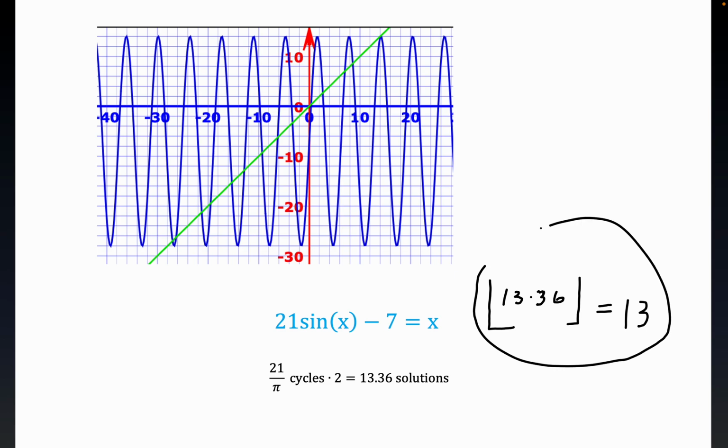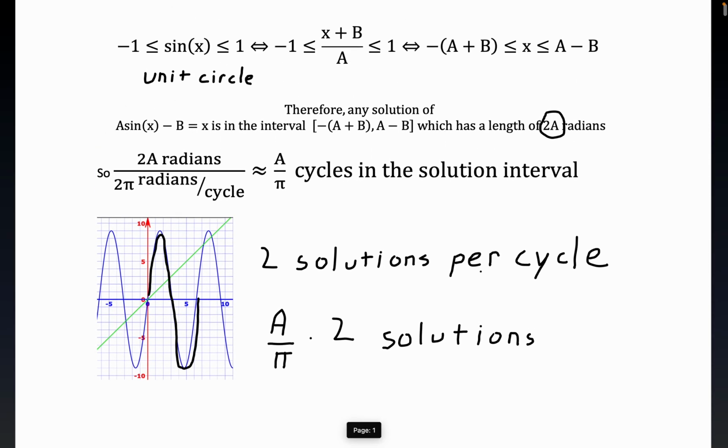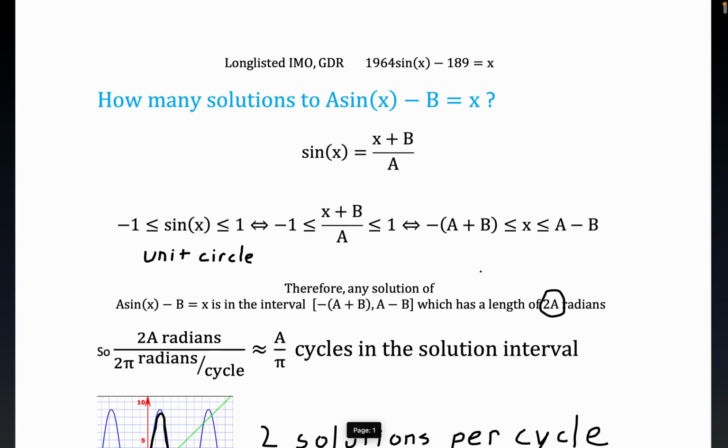Now let's go back to this original problem here. What I did is I generalized this. This problem was what they call long listed, which I'm not really even sure what that means, in the IMO.